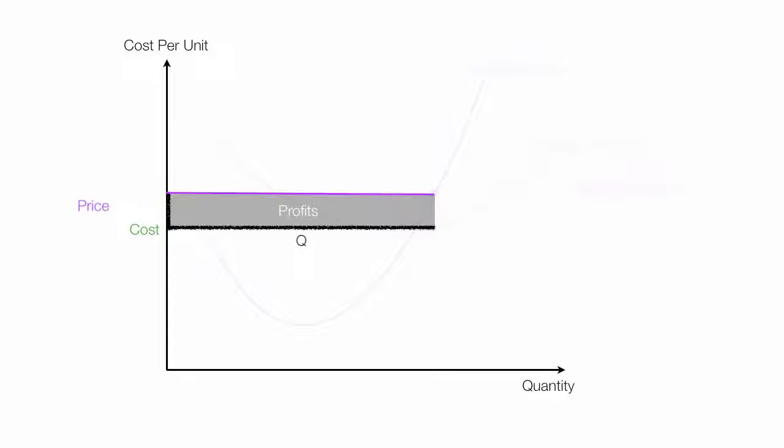And the height is simply price minus cost. So profit equals quantity times (price minus cost), or the area of that gray rectangle.